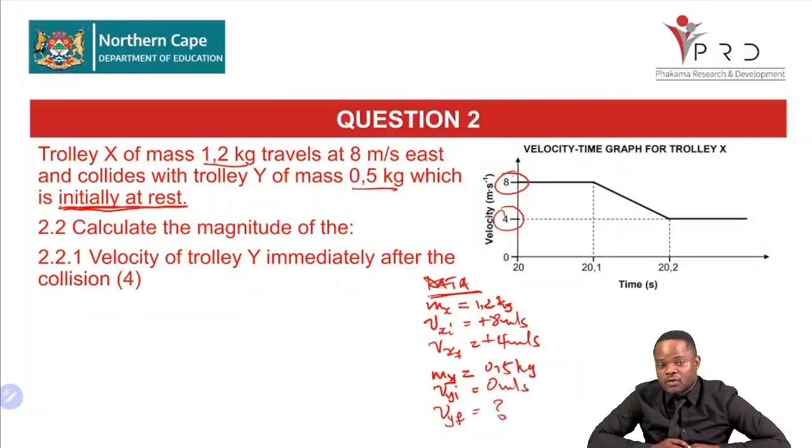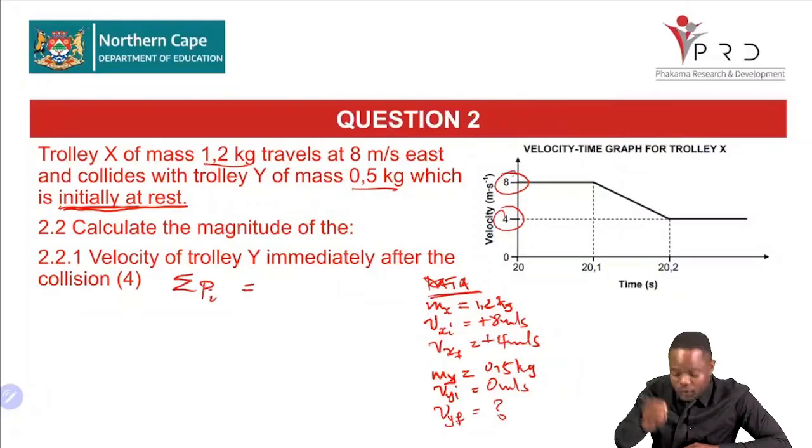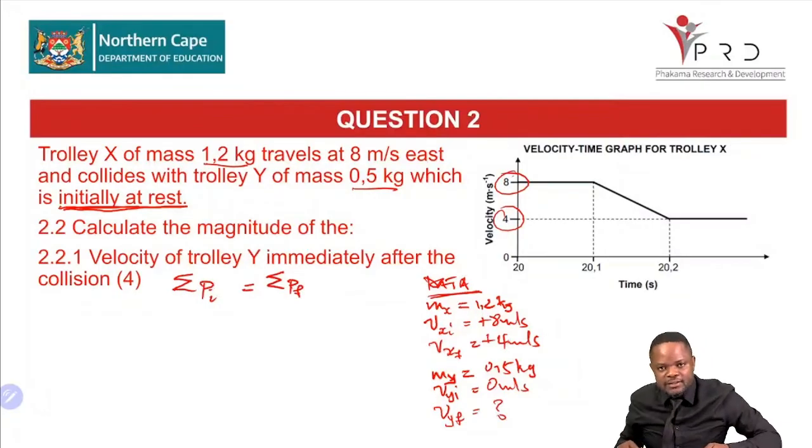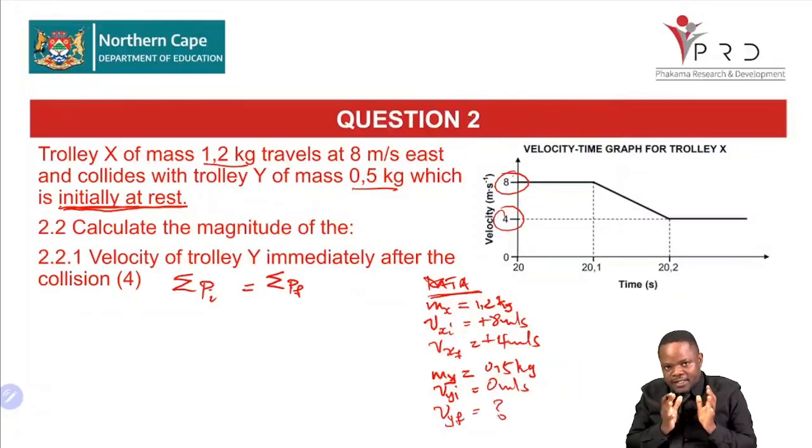So we're using our law of conservation of linear momentum, which states that the sum of momentum, that is the initial momentum before collision, is equal to the sum of the final momentum after collision. And what does this translate to? What is our initial momentum?